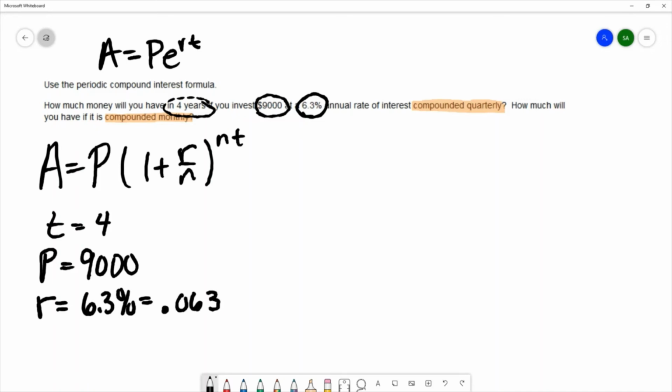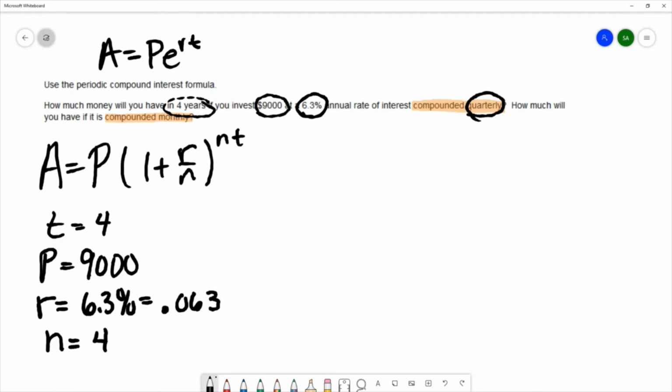And if our interest is compounded quarterly, that is going to give us the value of n. Since it's compounded quarterly, that's 4 times a year, and n will equal 4.